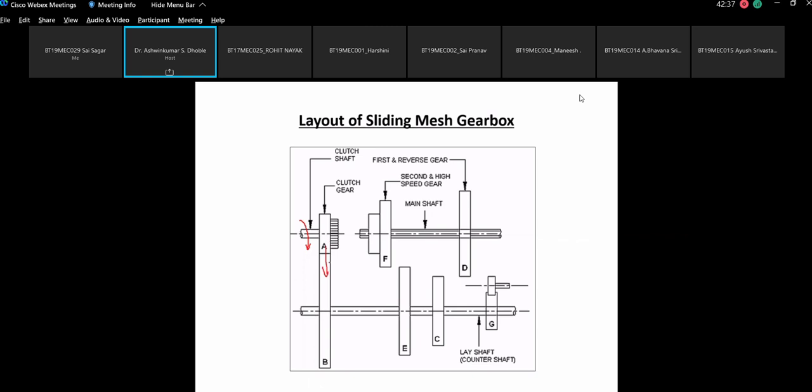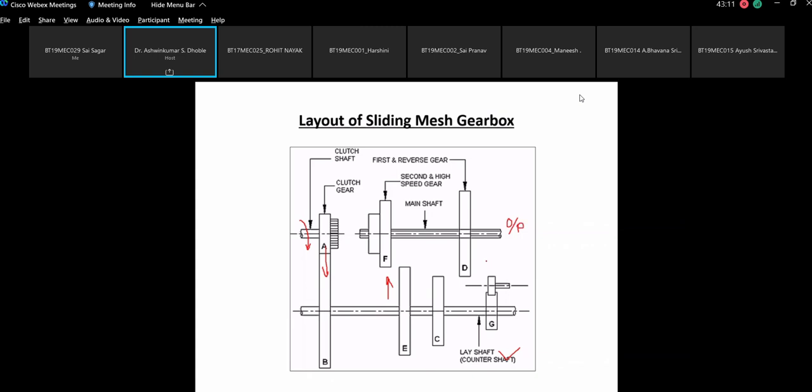That means the power will come from the clutch shaft to this another shaft, which is called the lay shaft or counter shaft. This is basically a dummy shaft on which the gears are mounted. Now this is the output shaft. We have to transmit the power from this lay shaft to the output shaft, and this is the gearbox output shaft. So this is what we need to understand.